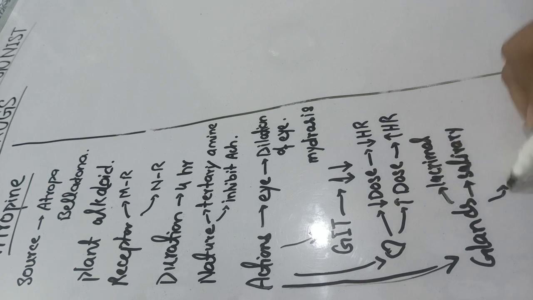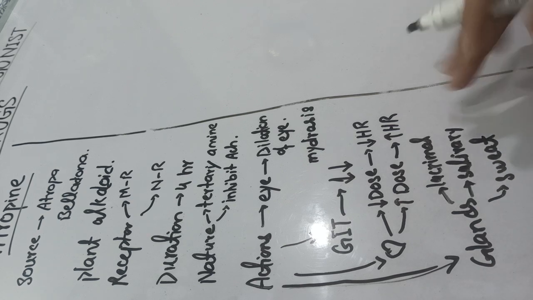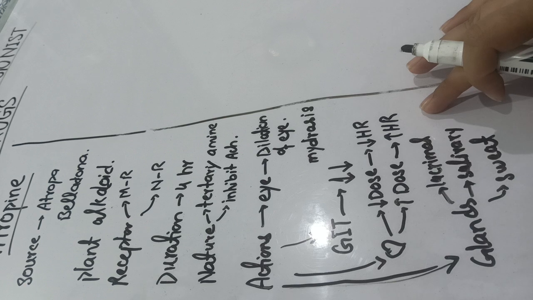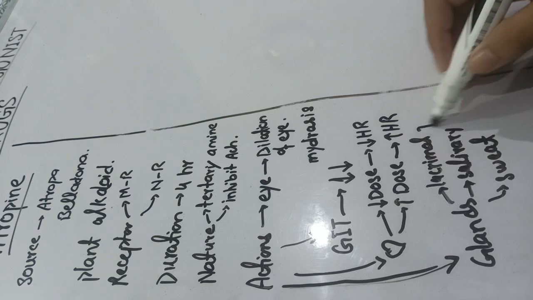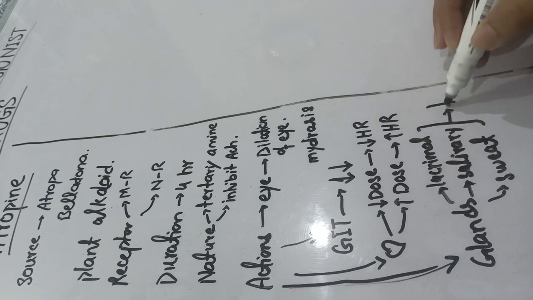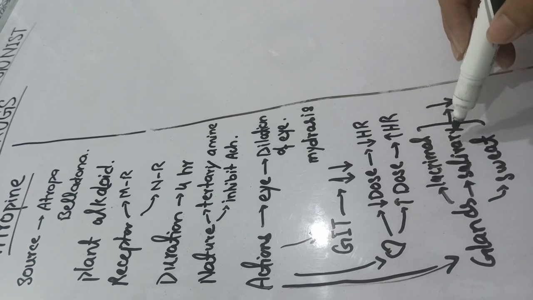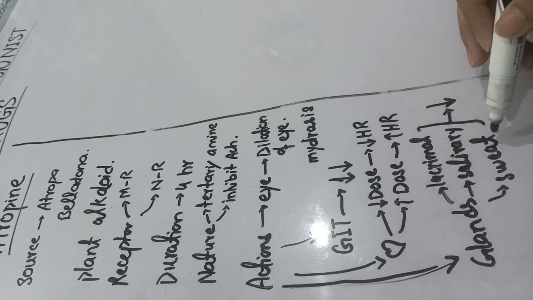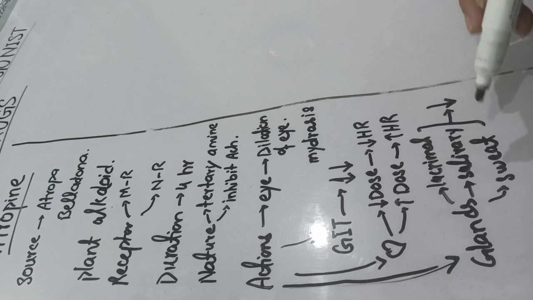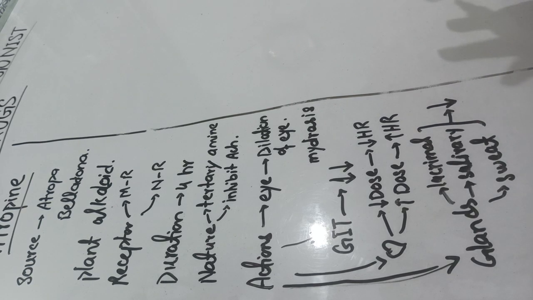And third is the sweat gland, which produces sweat. So what is the action of atropine on these glands? Atropine decreases their secretion. It decreases the secretion of tears, of saliva, and of sweat. Therefore it causes dryness of the mouth.